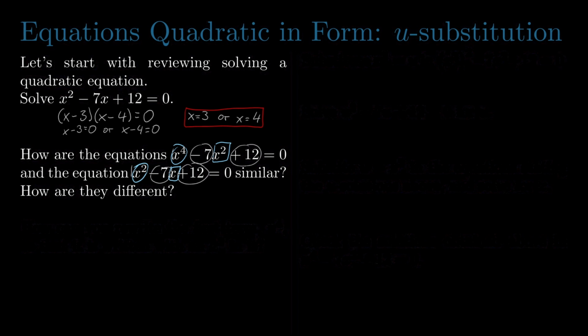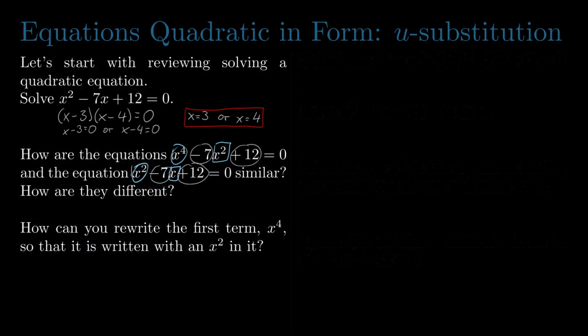So the question is, how can we rewrite the first term of that new equation, which is x to the 4th, so that it is written with an x squared in it? We can use this as the building block, pretty much. Well, 4 is twice 2.